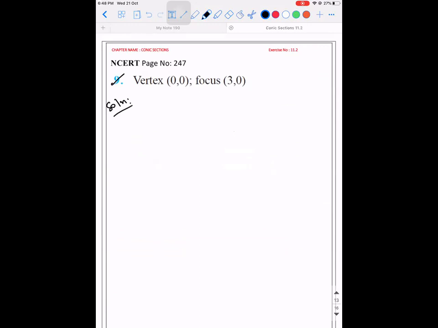So vertex is 0, comma 0 and the focus is 3, comma 0. So it should be a rightward parabola. y square is equal to 4ax. So y square is equal to 4 into a is 3 into x. So y square is equal to 12x is the answer.